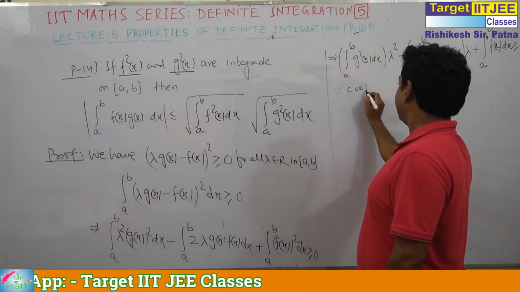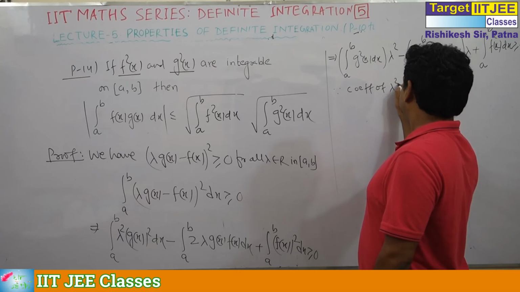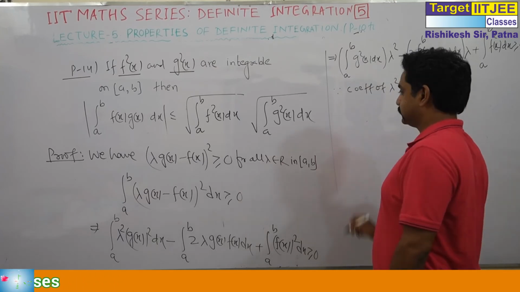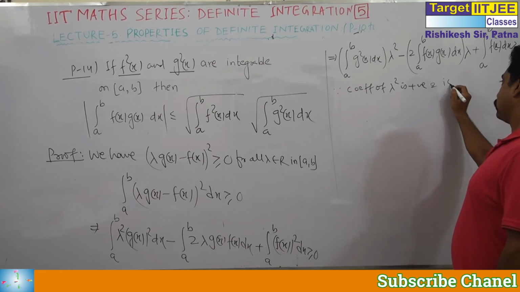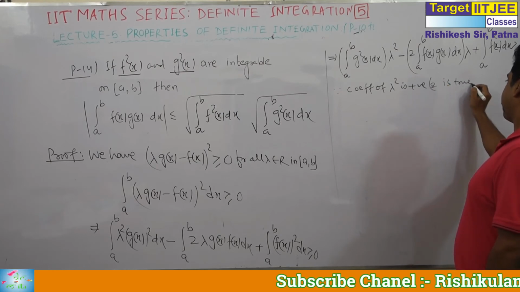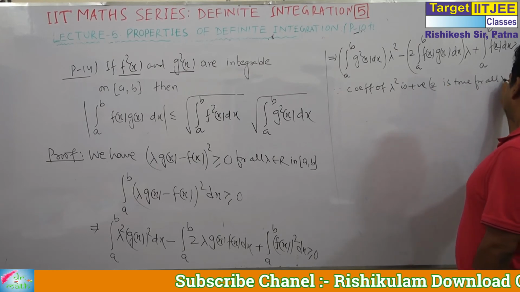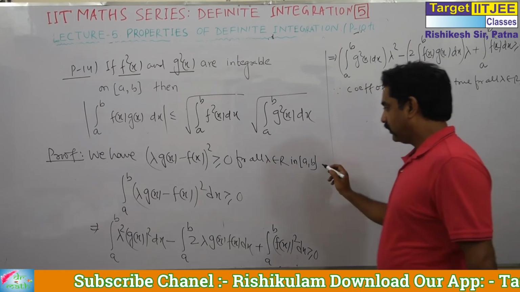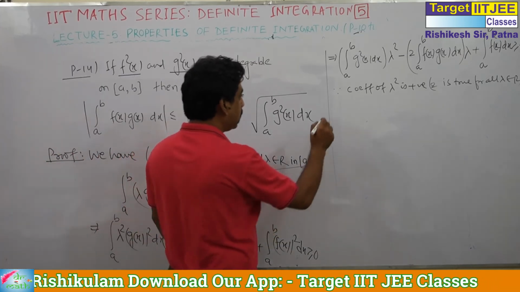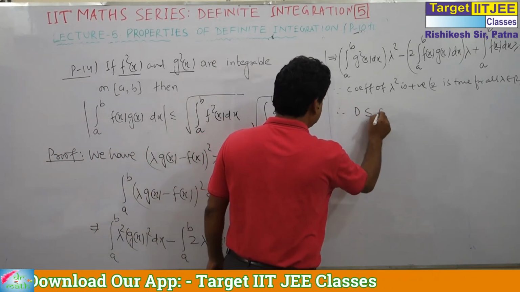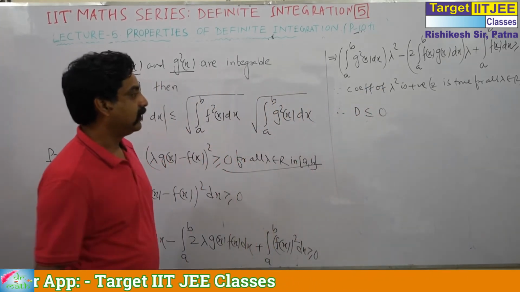Since the coefficient of lambda square is positive and this is true for all lambda belonging to R, what we have taken here is a square function. Therefore, D should be less than or equal to 0.